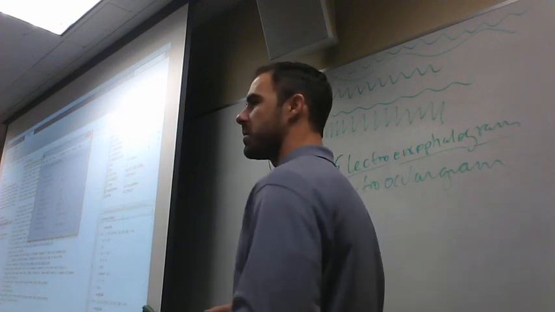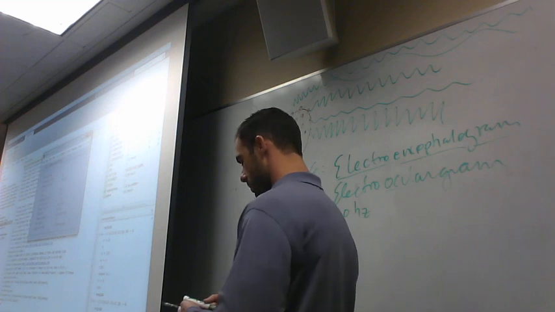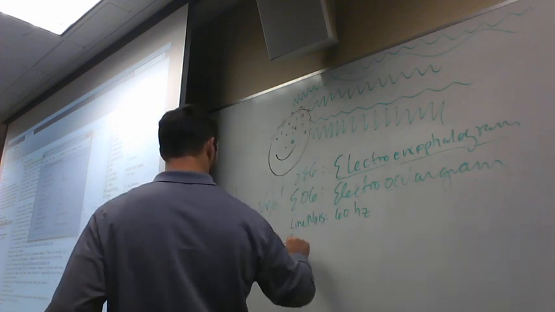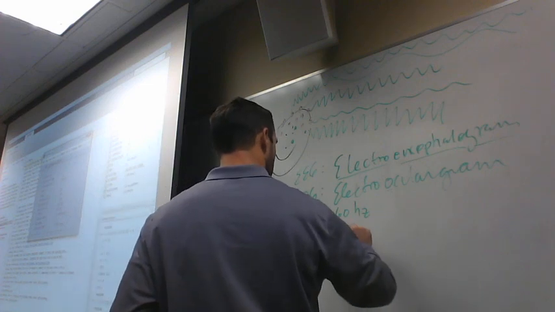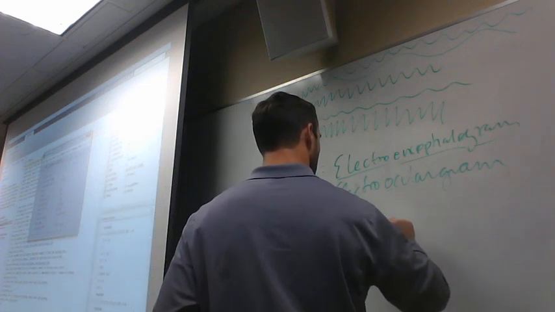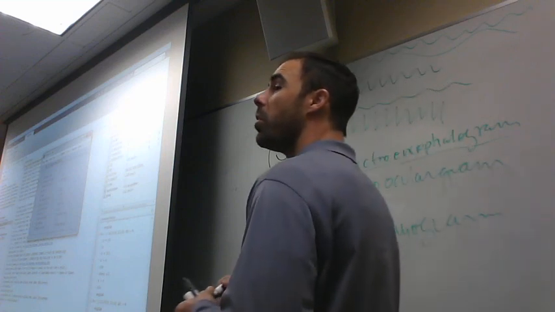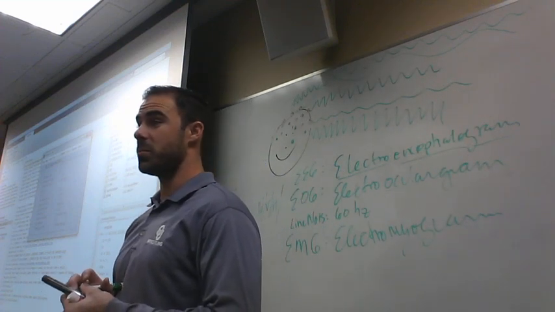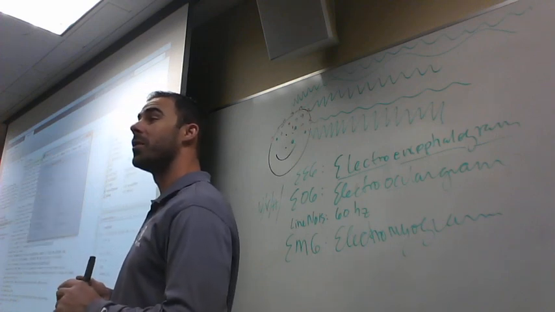EEG, EOG. We also have something called EMG. Anybody have an idea of what EMG might be? Electro what? Myogram. Okay. What does that mean? Electromyogram. That would be an EKG, which would be an electrocardiogram. But that can also be recorded too.